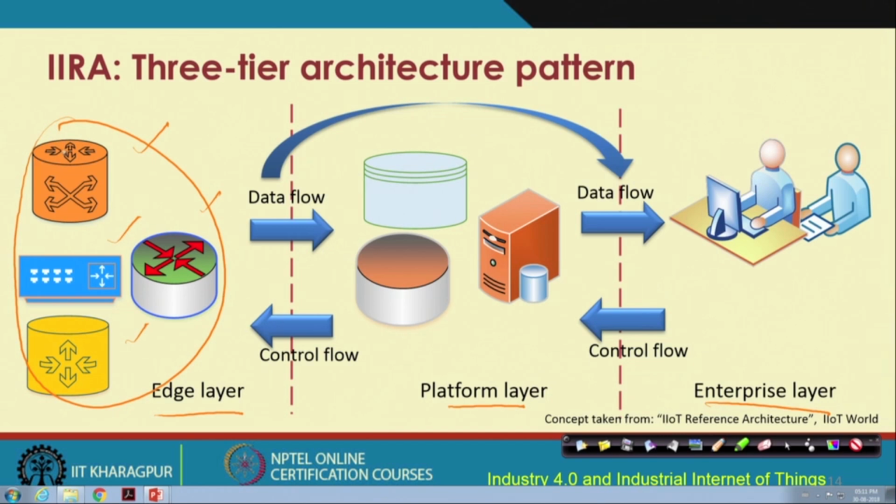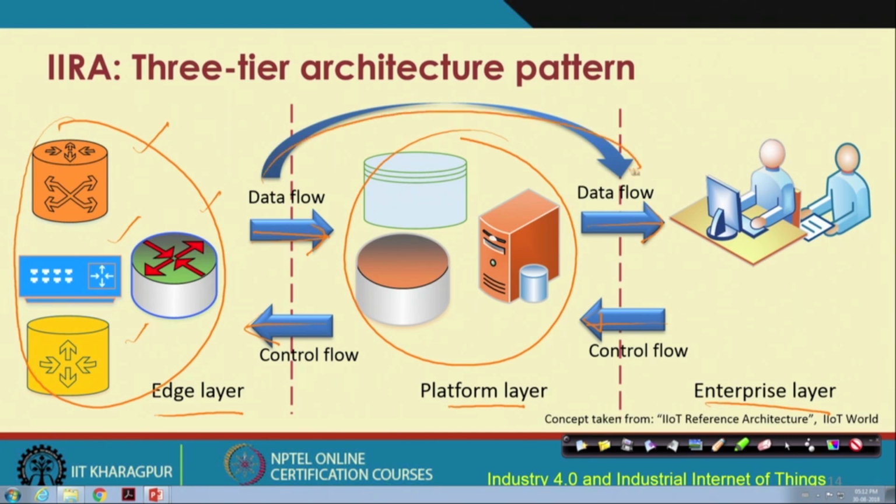These devices and gateways send the data to the platform layer. This is the platform layer where the data are analyzed, further processed and sent to the enterprise layer. The control flow is in the reverse direction. Data could flow from the edge layer to the platform layer directly, or could also flow directly to the enterprise layer.